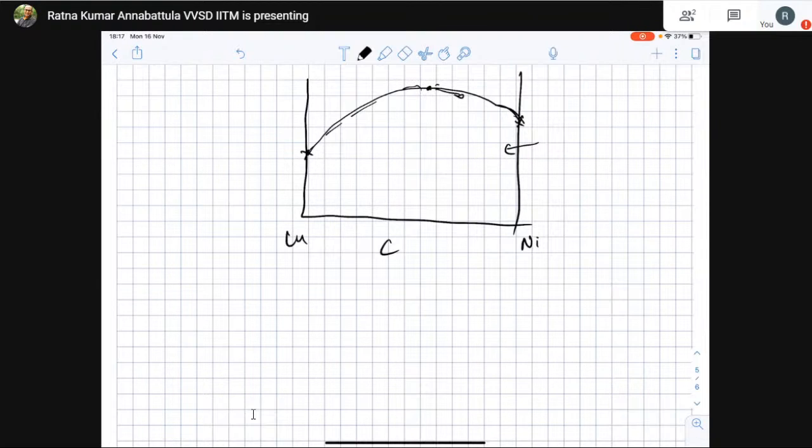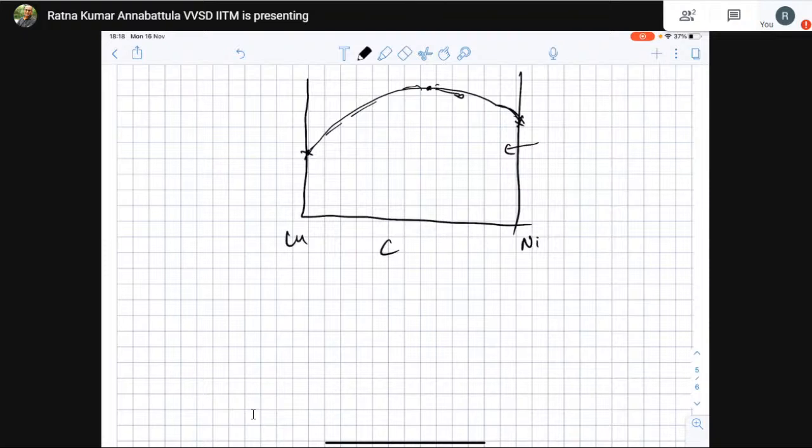Why does that happen? Because there are different kinds of strengthening mechanisms that we have studied in our mechanical properties of materials, or when we discussed dislocations and so on. The reason for that is something called solid solution strengthening.